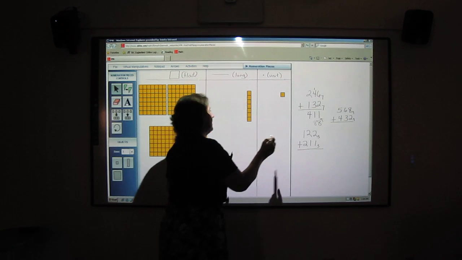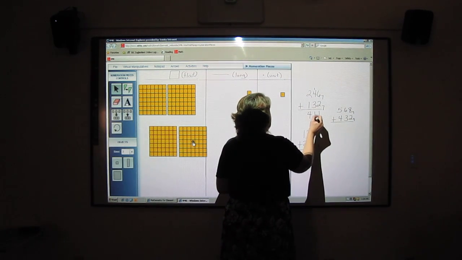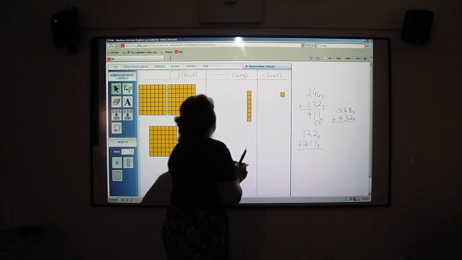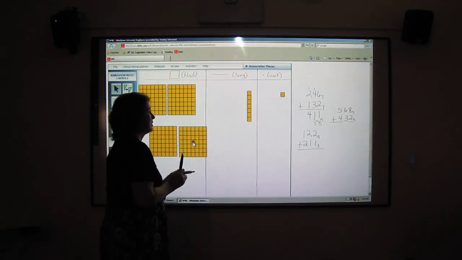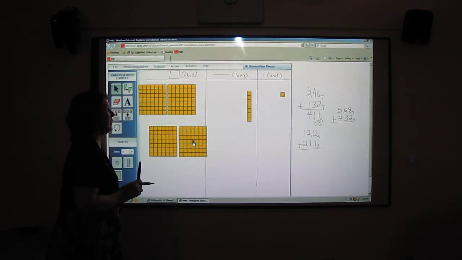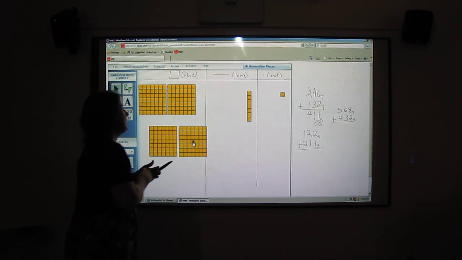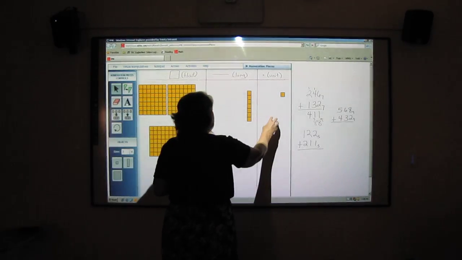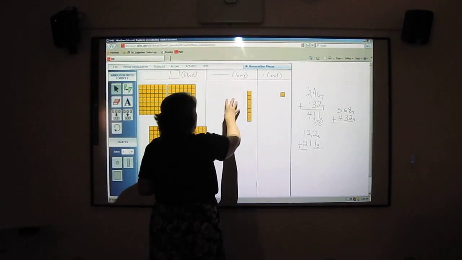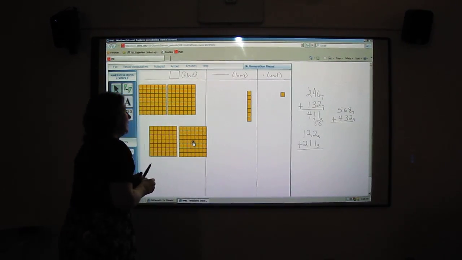So now, again, I traded in 7 of them, so I only have 1 left, but I got 1 more flat, so I carry my number, and now I have 4 of them. Okay? It doesn't matter what base you're working in, the concept of addition is the same. When you get more than can be in that column, you trade it in for 1 in the next column and carry that number. Right?